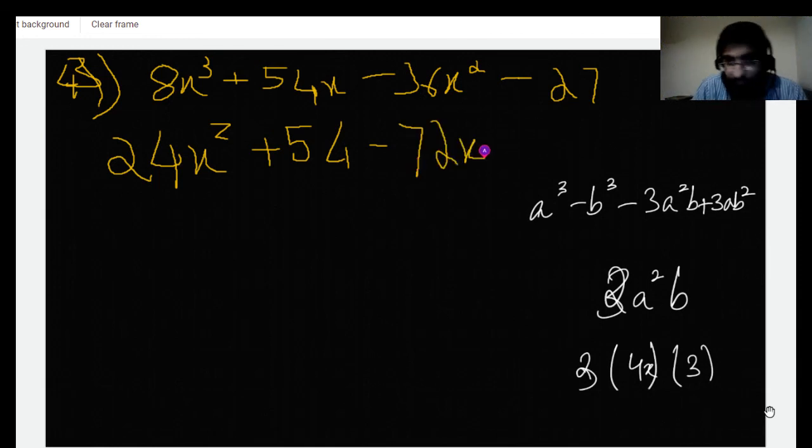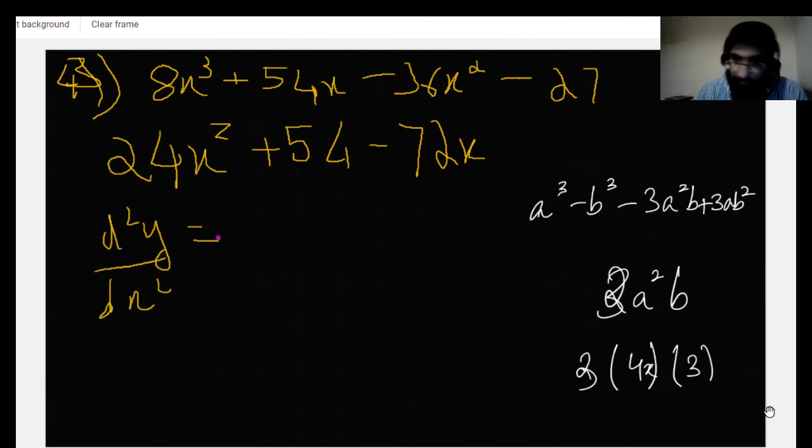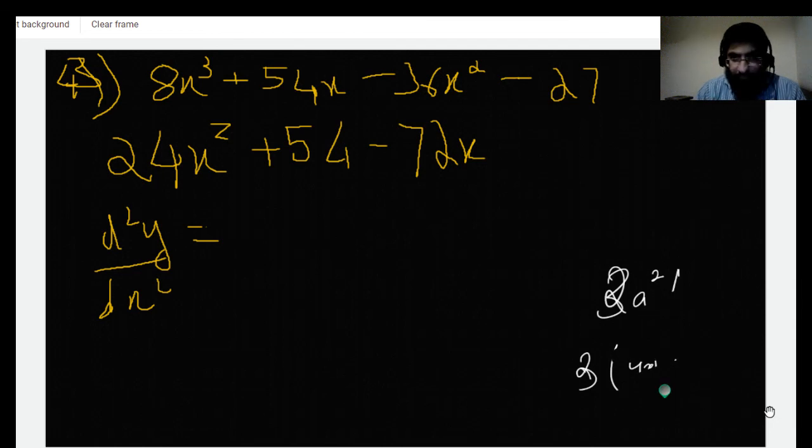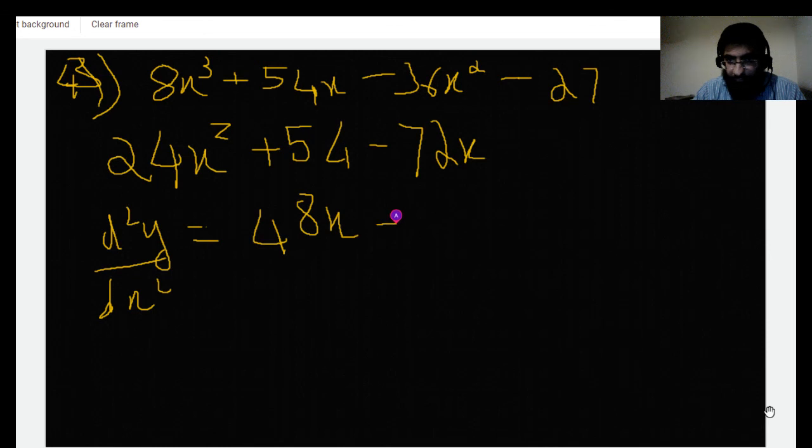This is dy by dx, so now it's d square y by dx square, which is equal to 24 into 2, 48x minus 72, and so 0 is equal to that.